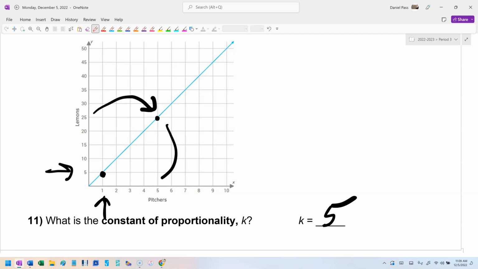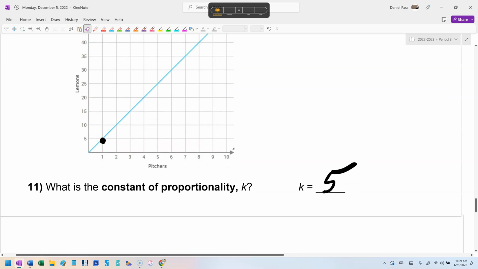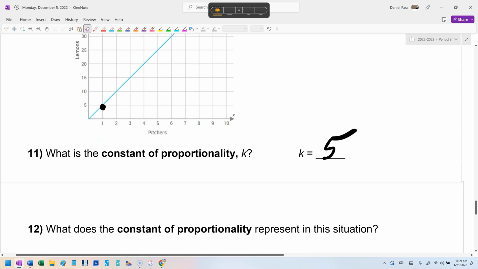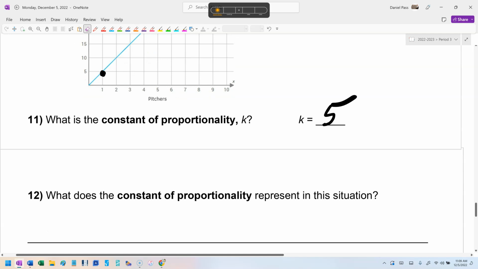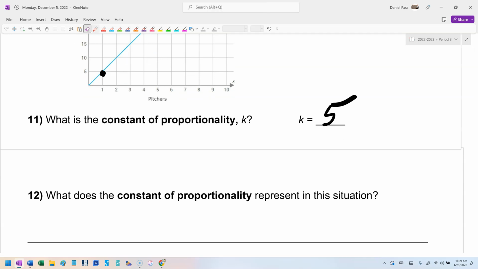What's 25 divided by 5, everybody? 5. So any one of these points we could use, but 1 is the easiest for us here. So we found out that the unit rate is 5, the constant of proportionality is 5. And what does that mean in real life for this little graph? 5 lemons every pitcher. That for every pitcher of lemonade, you need 5 lemons.